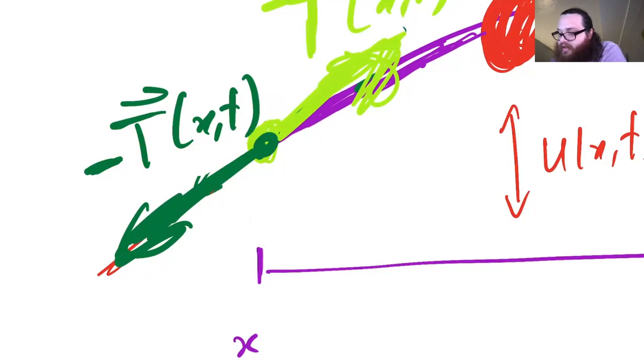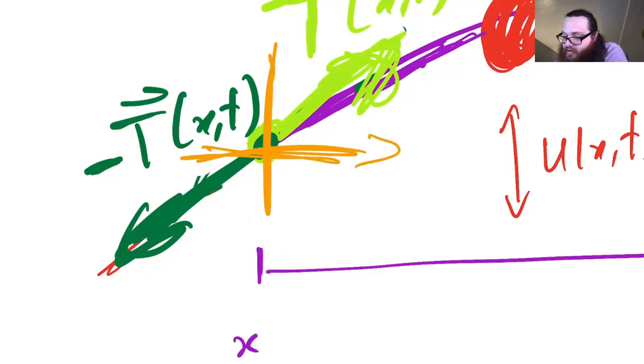So to get that vertical component, what we need to do is introduce a frame of reference. And the question is, what angle does this vector make with respect to this frame of reference?